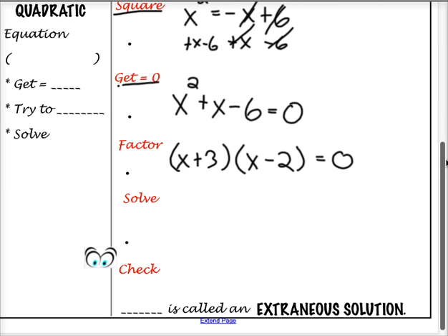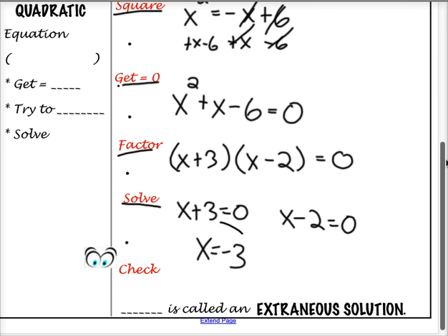All right, so I'm done with my factoring step. Now I'm moving into my solving step. So now I take each of those parentheses and I set them equal to 0. So x equals -3 and x equals 2.